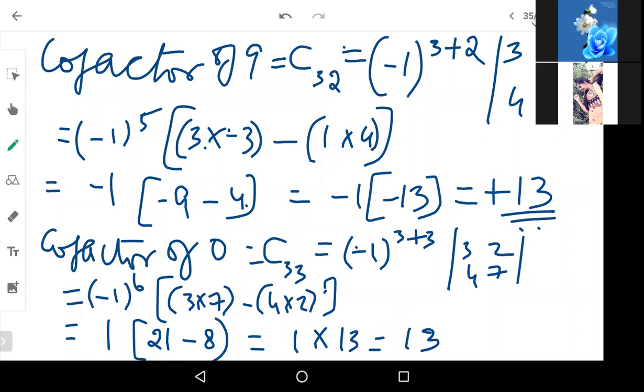Correct, Kirti? And for 0 also it is plus 13. Everybody got the answer for cofactor?